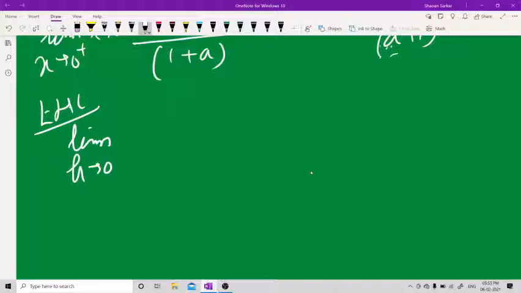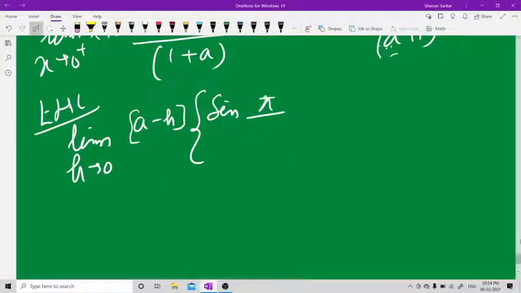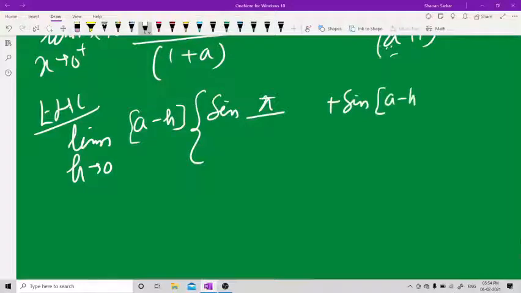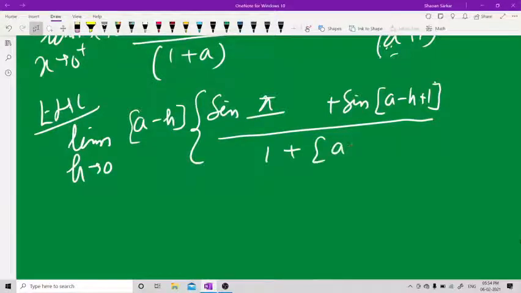Now you will have a minus h in the bracket, then this sine pi, then sine of a minus h plus 1 upon 1 plus a minus h, and here it is a minus h plus 1.